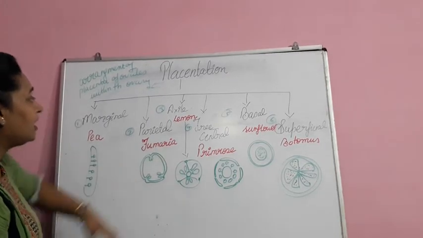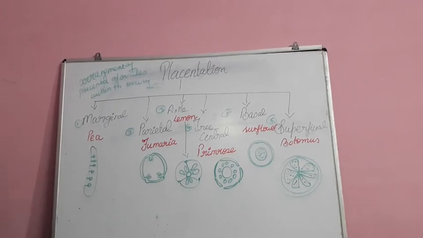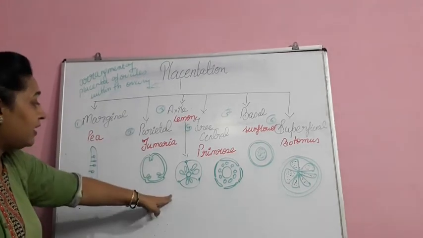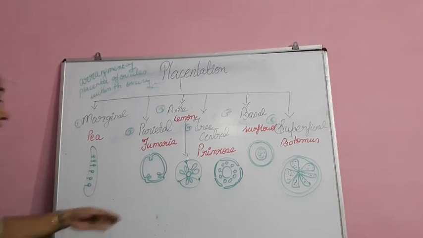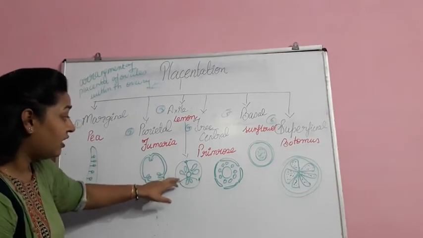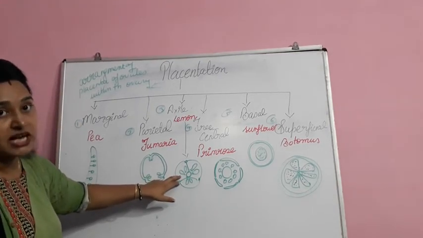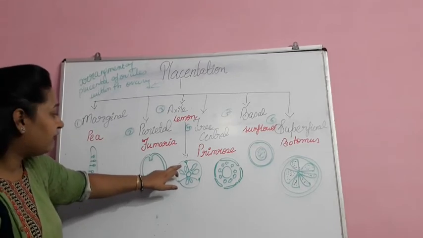Next we have the axile kind of placentation, for example in lemon. As in lemon you can see easily, you can check it at home also. You can cut it open and you will see that inside the ovules, which have got converted to seeds, are arranged like this.